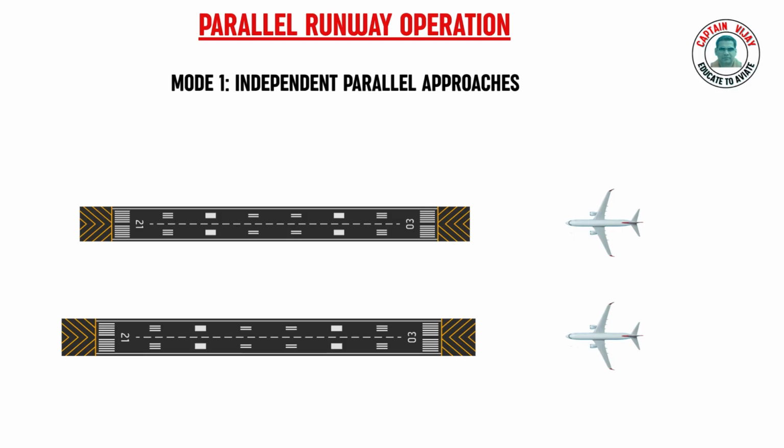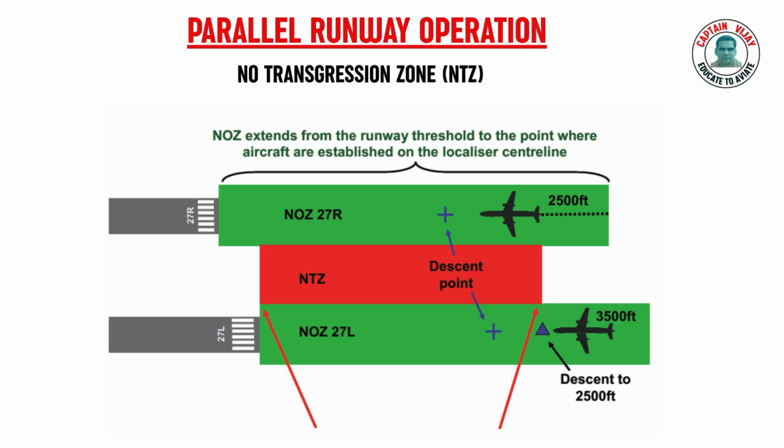Now just imagine that if there is a failure of the localizer or the localizer beam is not giving the correct indication, one of them may drift towards the other, and this situation can lead to a very serious safety hazard, or in an extreme case it can lead to a mid-air collision close to the ground. To prevent such a scenario, a no transgression zone has been marked so that none of the aircraft on approach is allowed to enter this zone.